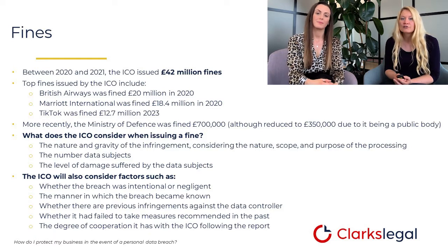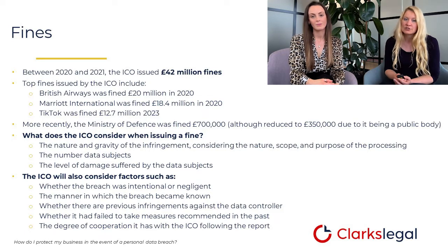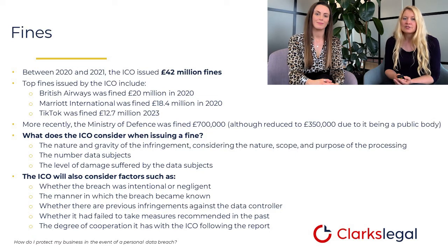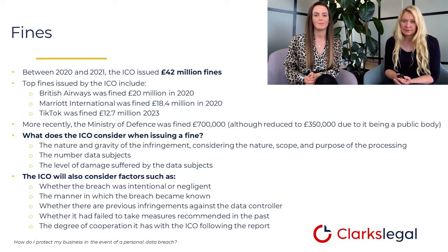It will also look at factors like whether the breach was intentional or negligent, the manner in which the breach became known, whether there are previous infringements against the data controller, whether it has failed to take measures recommended in the past, and the degree of cooperation it has with the ICO following the report. It will examine the action the data controller has taken to mitigate the damage and any other mitigating or aggravating factors that it considers relevant.